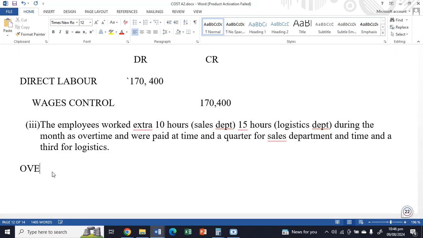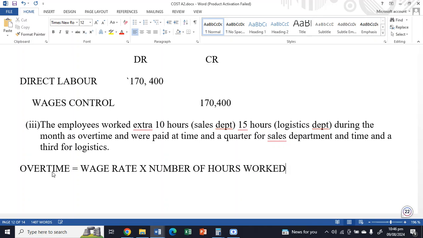So overtime equals the wage rate times the number of hours worked multiplied by the overtime premium.